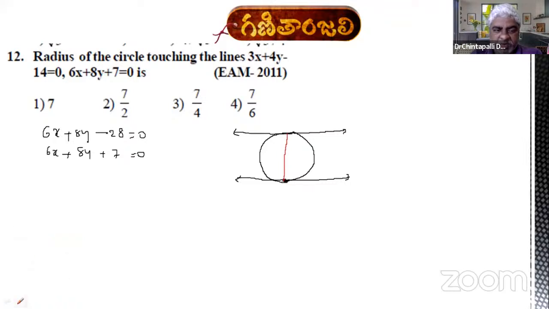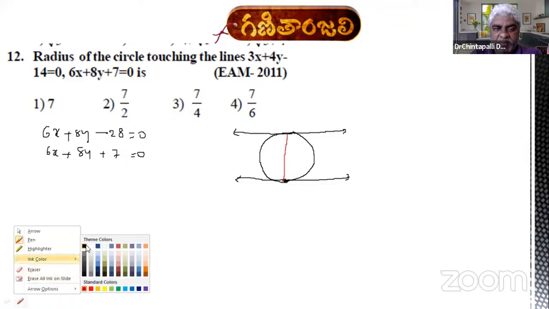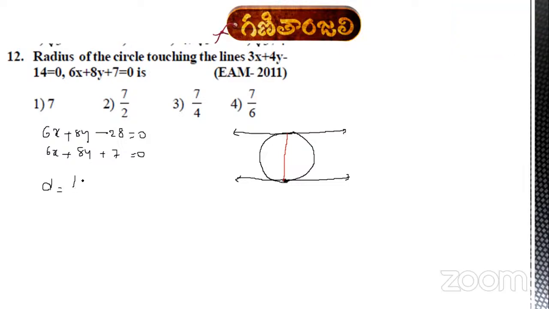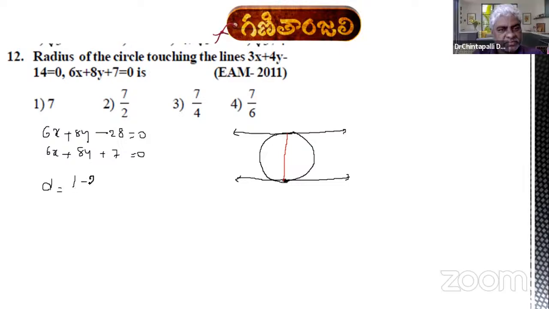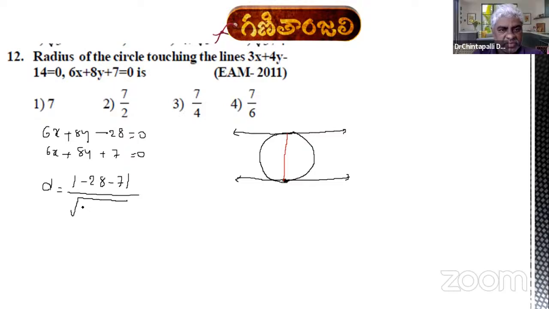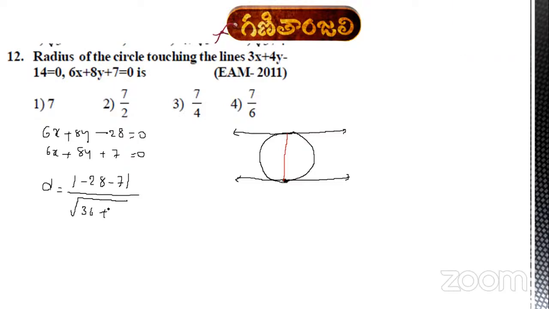After making the xy coefficients equal, we can use the formula. The distance, the diameter, d is equal to mod of c1 minus c2. c1 means negative 28, minus 7, over the square root of 36 plus 64.